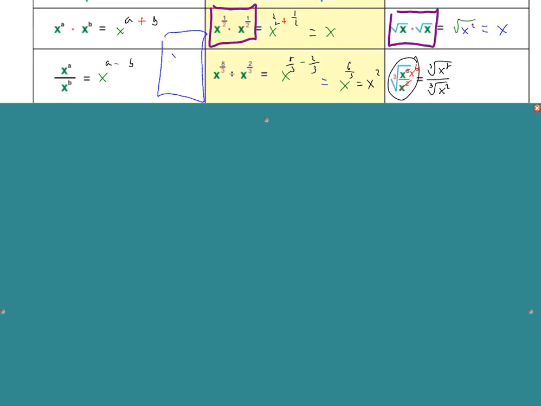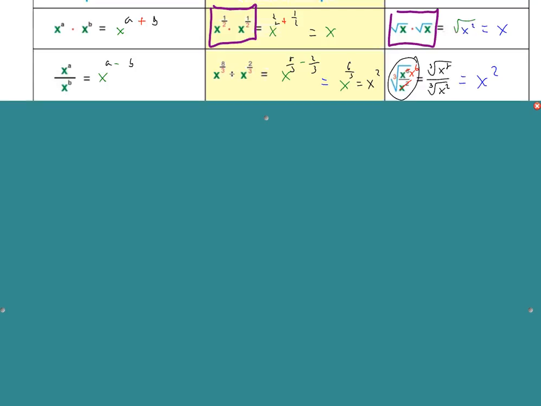If all you had was x to the 8th over x squared, doesn't that become x to the 6th? All right, so I'm doing the part under the radical. Okay, so then finish it. What is the cube root of x to the 6th? Of course, it's x squared. And of course, you're going to end up in the same place. One way is looking at it with the rational, using fractions. The other way is radical form.